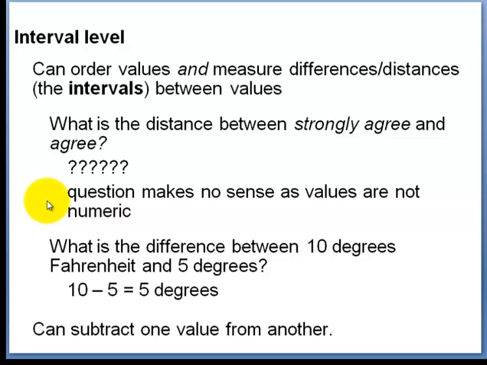Here we can subtract meaningfully one value from another, which is to say we can measure differences, we can measure intervals. So 10 minus 5 equals 5. To be particular, when we reach the interval level of measurement, then the mathematical operation subtraction can be carried out and is valid.